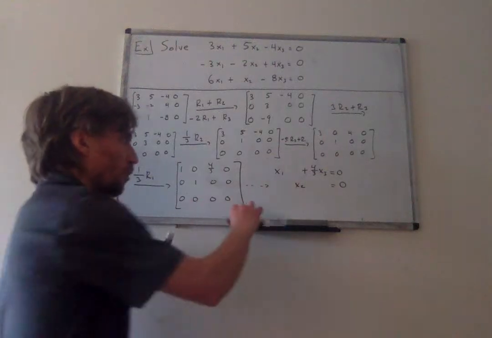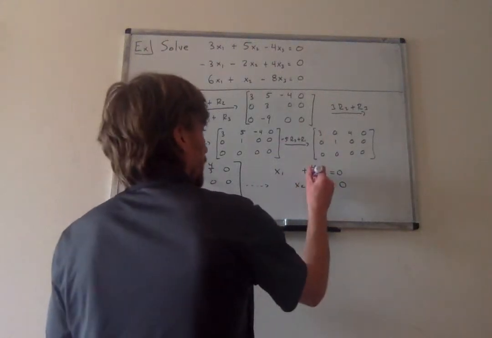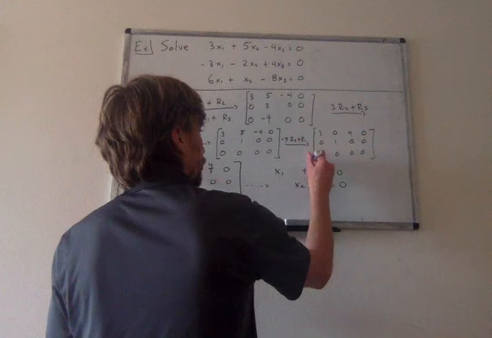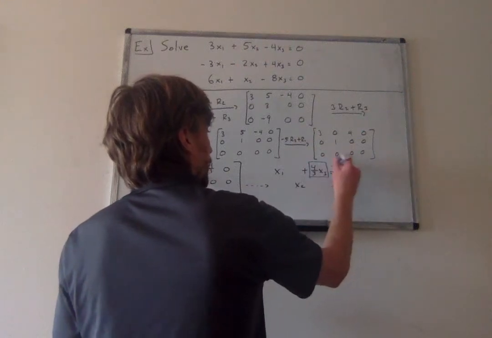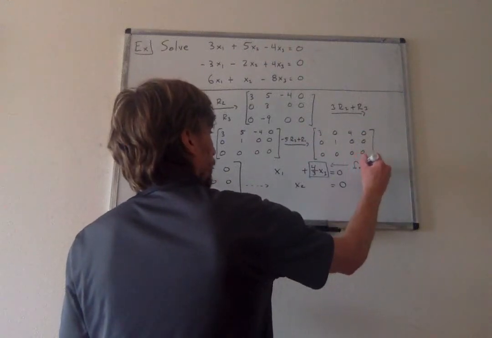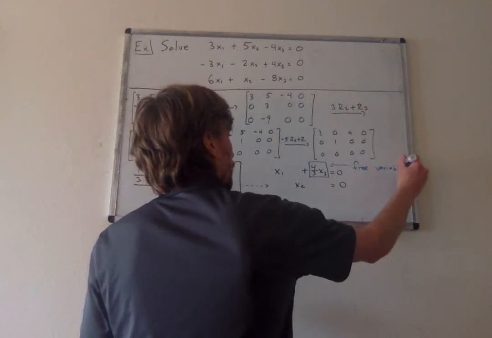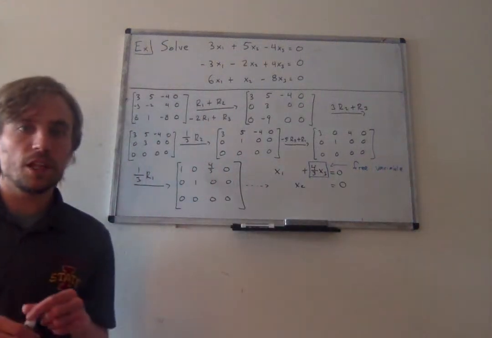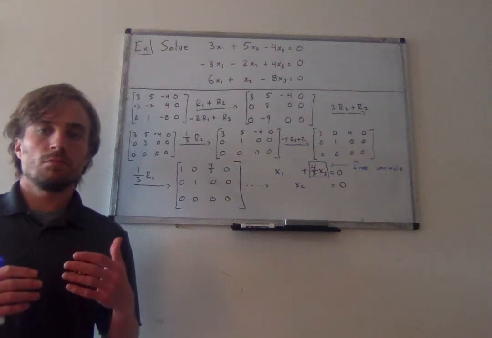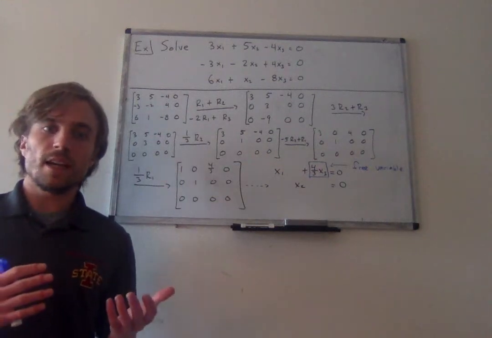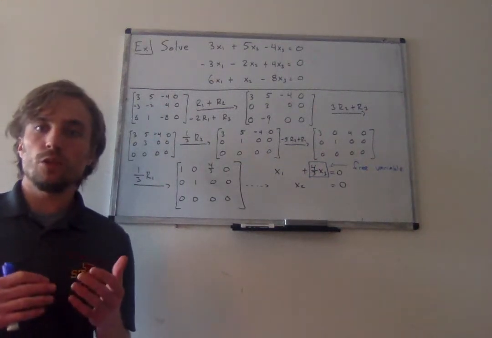So remember, a free variable is a variable that does not correspond to a pivot column. And so in a sense, we can think of free variables as being able to be assigned any value we want.